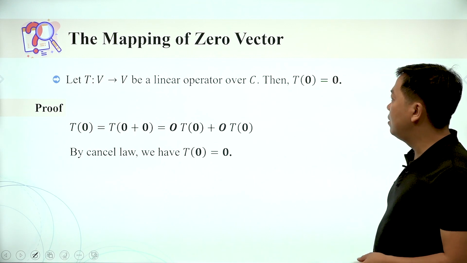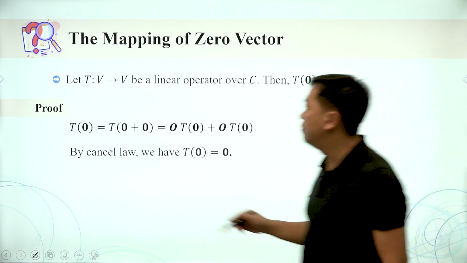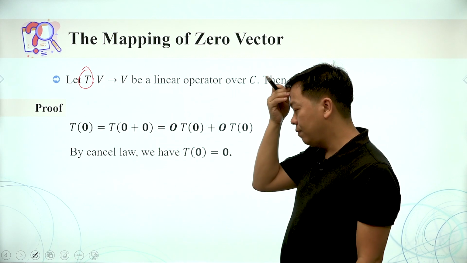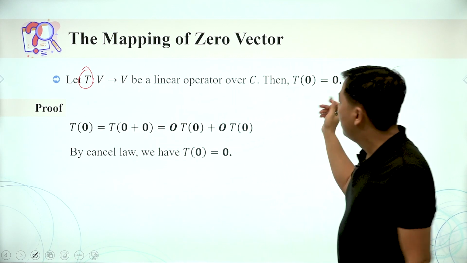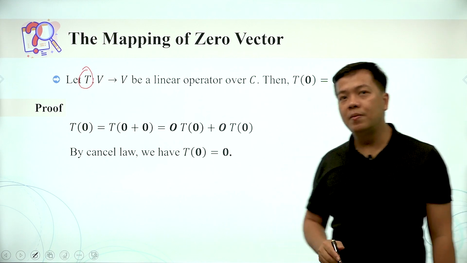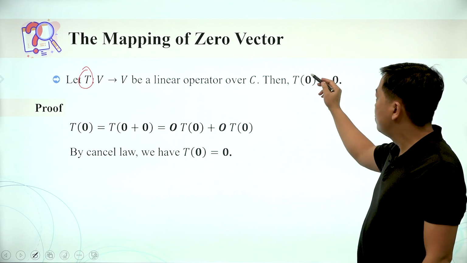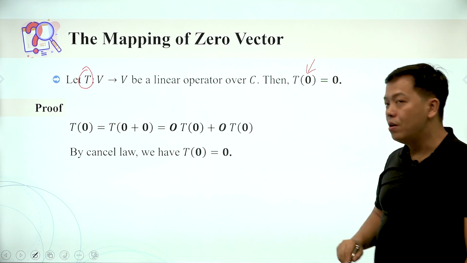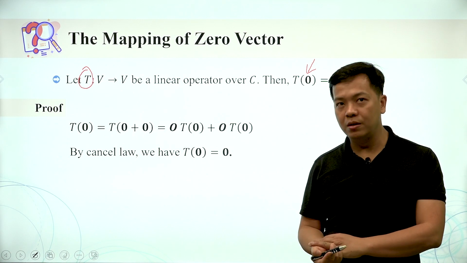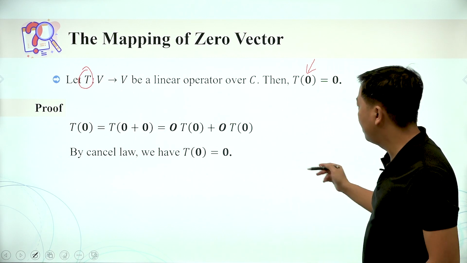For example, after we apply the linear operator T from vector space V into a vector space. But over here there is a special value: if it has no entry or no other values, after you apply the linear operator it is still equal to 0.